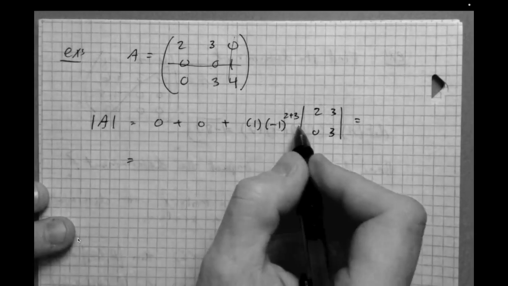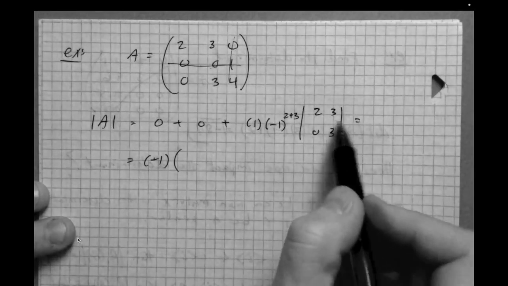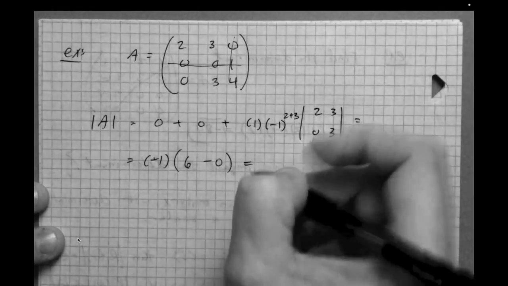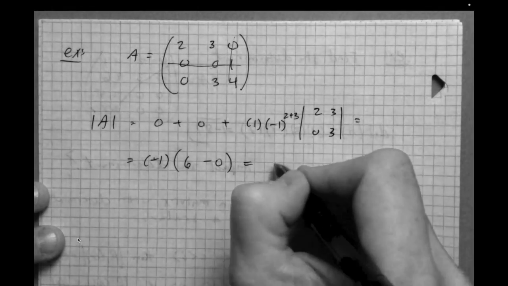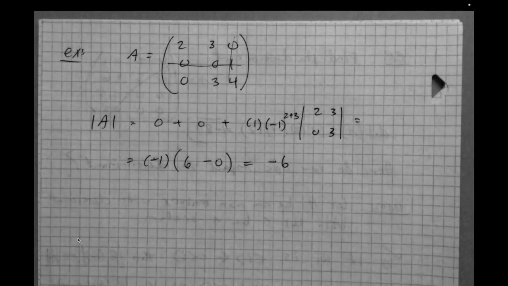So it's negative 1, and then this is a 2 by 2, so it's 2 times 3 is 6, minus 0. So the determinant here is negative 6. That's relatively quick and easy to discover.